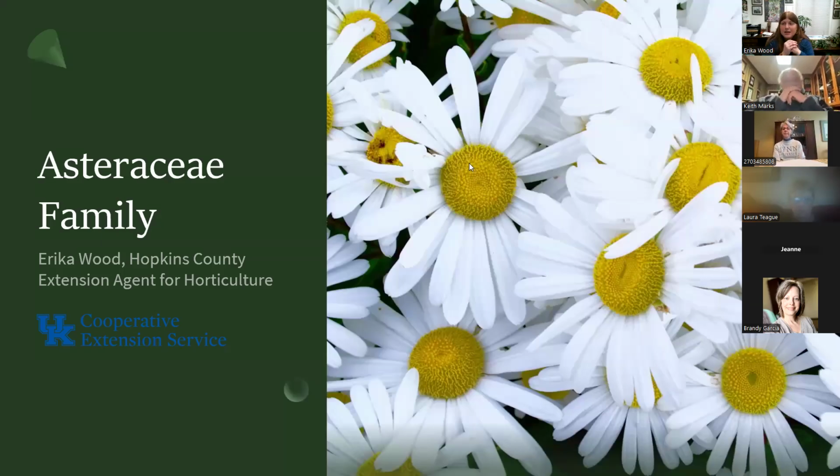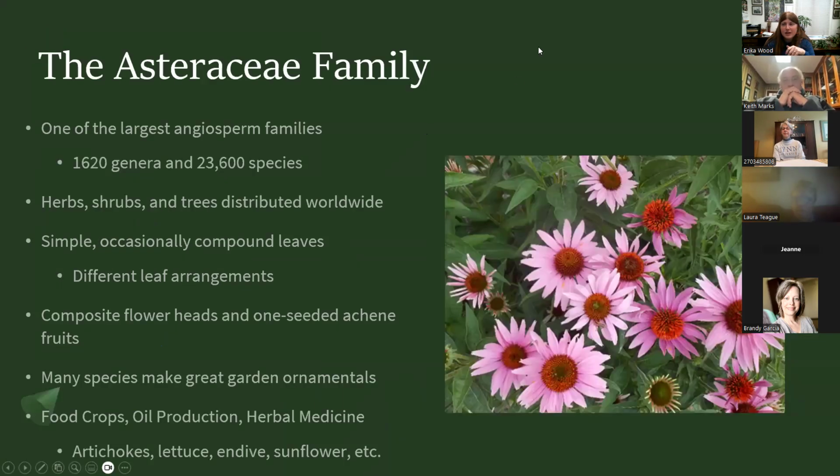Okay. So as I mentioned today, we're going to be talking about the Asteraceae family. And this is just a really gigantic family. I think it's pretty much only second to the orchid family when it comes to flowering plants.